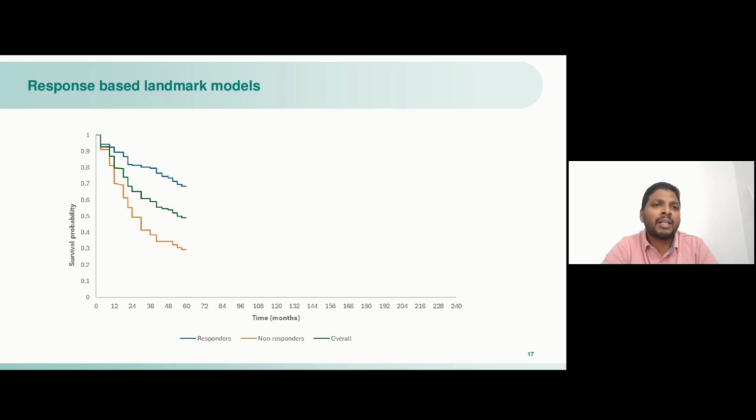The next type of advanced or flexible model is the response-based landmark model. Before going into this model in detail, it's better to understand the concept of heterogeneity, which helps us in making good and accurate interpretations of the survival predictions. Majorly there are two types of heterogeneity. One is explicit and the second one is latent.